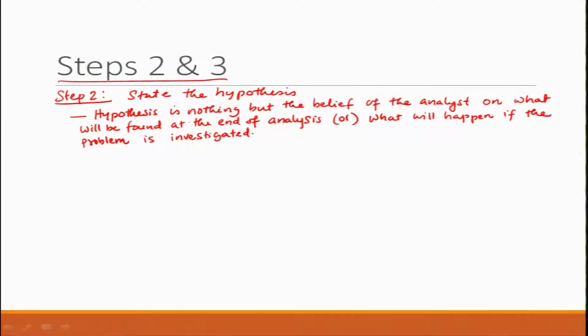So the aim here is that you are stating the analyst's belief on what will be found at the end of analysis. It is kind of saying that, as we start the analysis, this is what I believe, or this is what we think will happen if this investigation is conducted. Why is it important?